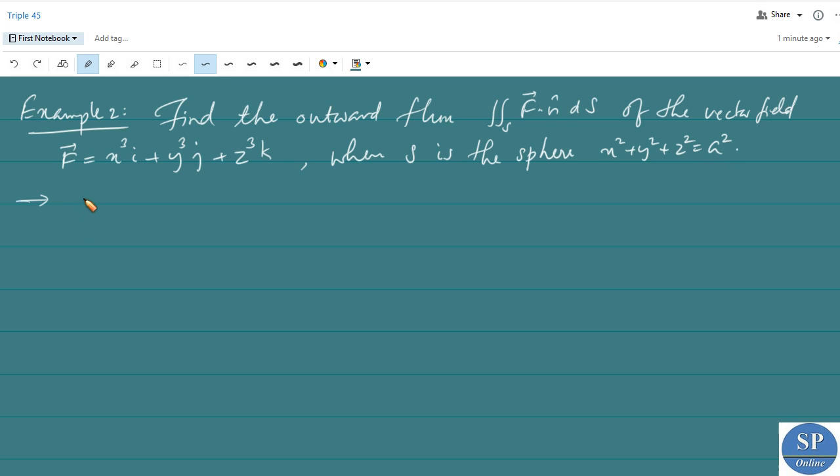Let D be the solid region bounded by S, that is bounded by the sphere x square plus y square plus z square equal to a square.